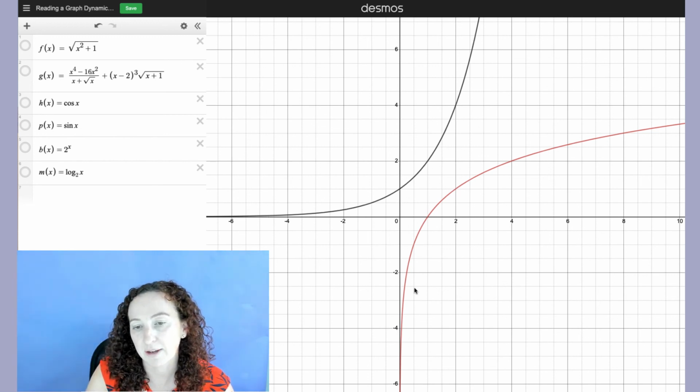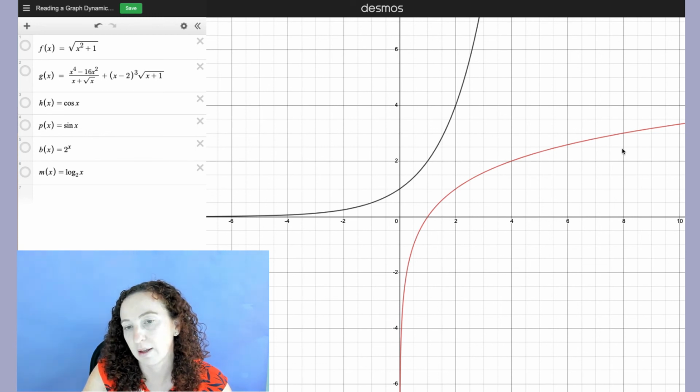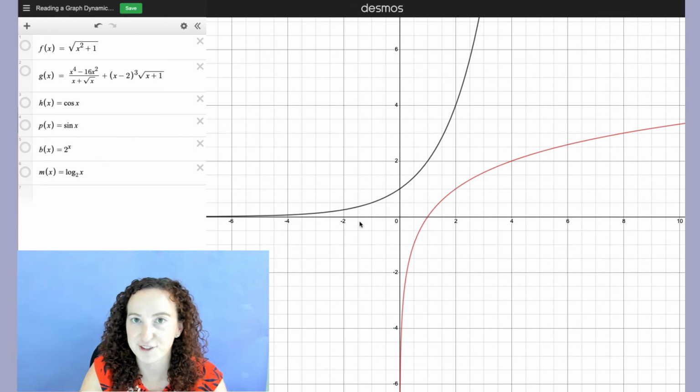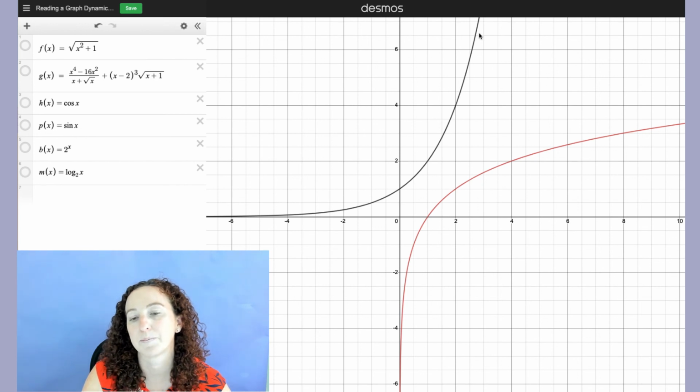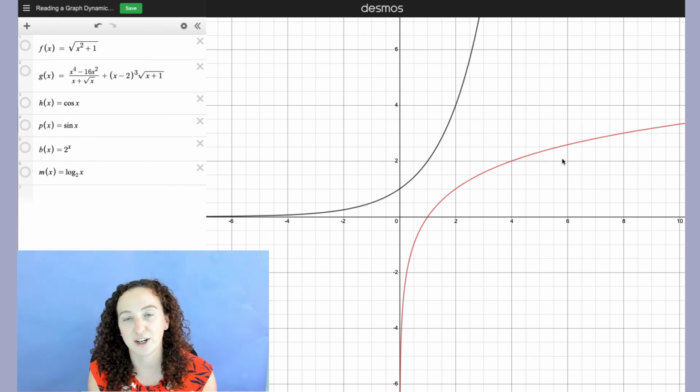My logarithmic function increases. However, the biggest difference, except for just the domain, is that the exponential function increases and gets steeper and steeper. My logarithmic function increases, but becomes less steep. And visually, these are very different.